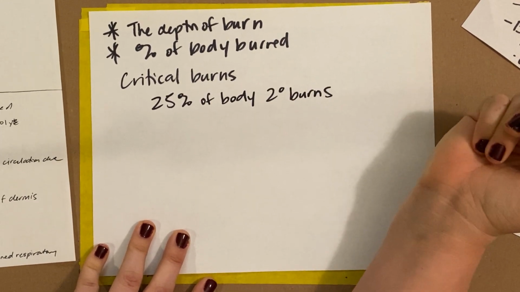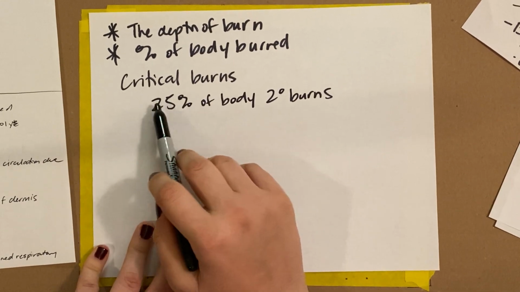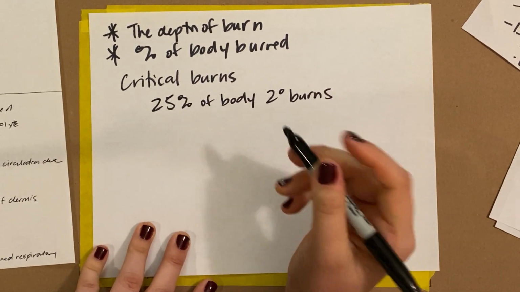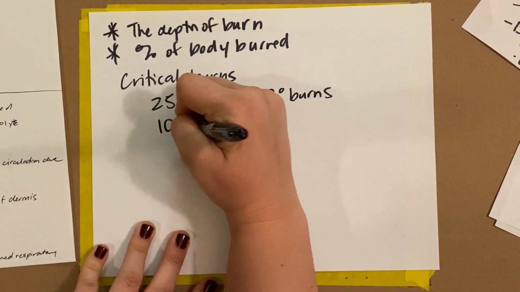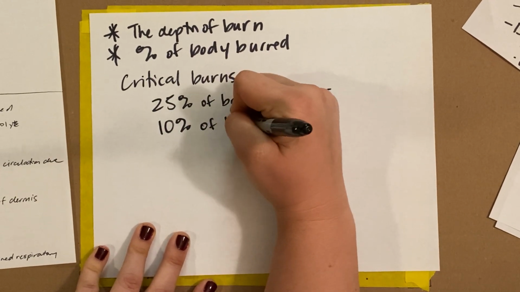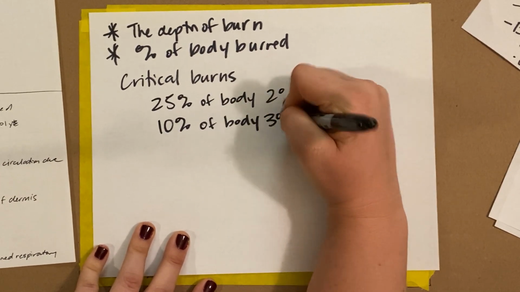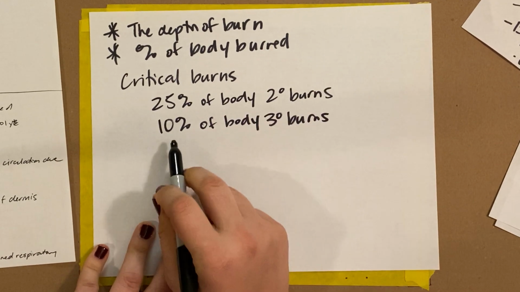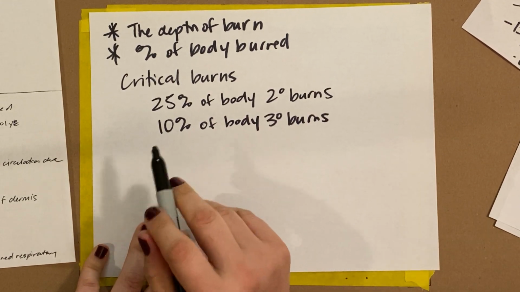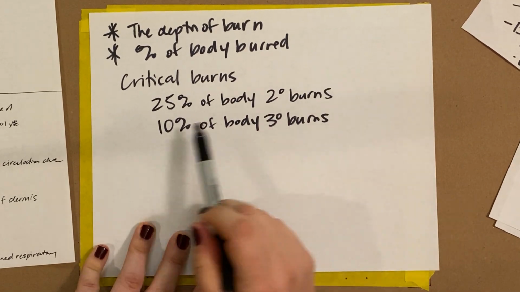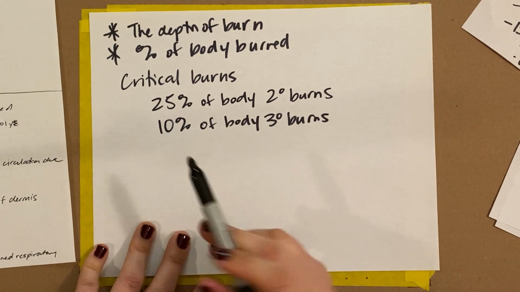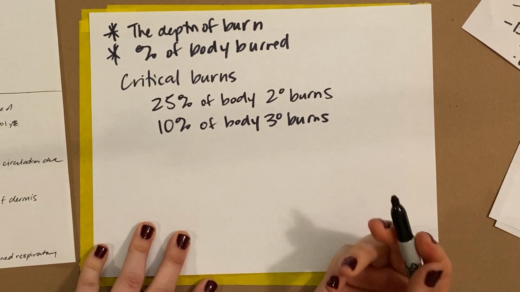So you don't even have to get third-degree burns, but if it's more than 25% of your body, that's going to be critical. If there's 10% of your body with third-degree burns, which are obviously much more damaging, you only have to have 10% of your body with a third-degree burn for it to be considered critical.